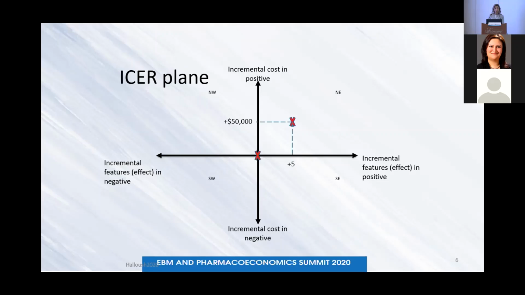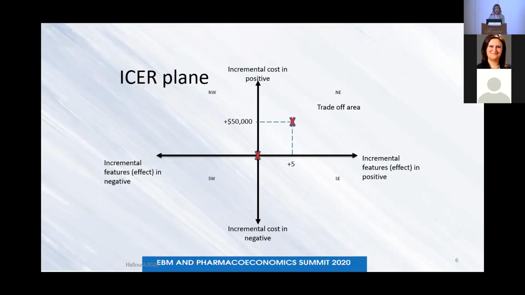So for instance, if we took a medication that results in 5 life years gained, with an incremental increase in costs of $50,000, this medication will be located in the northeast quadrant.